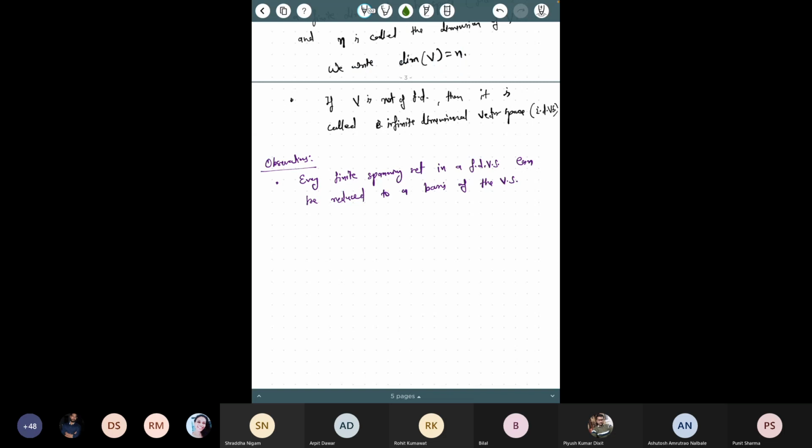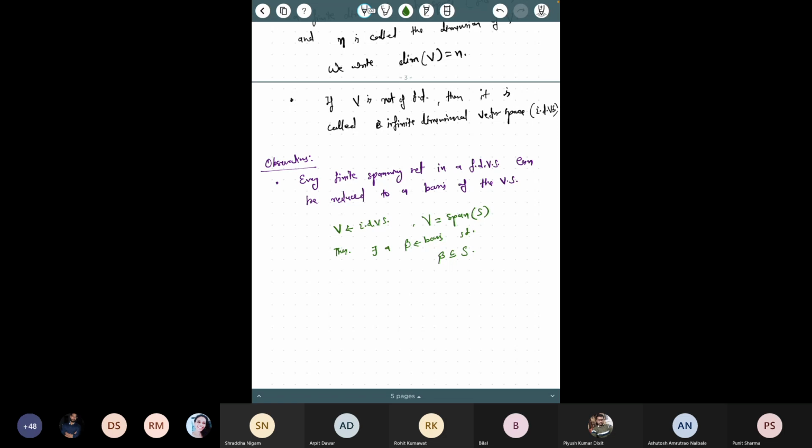So if V is an infinite dimension vector space and S is a set such that span of S is V, a spanning set, then there exists a basis, let's say B, such that B is a subset of S.